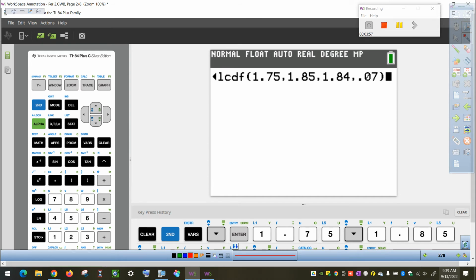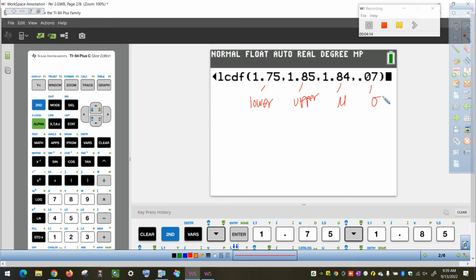It's a little bit more work with the TI-83 because you have to have these memorized. You're not going to get the prompts. But it's not a huge deal. It's going to be the same setup every time, so it's always lower, upper, from the shading on your picture, followed by the mean, followed by the standard deviation.